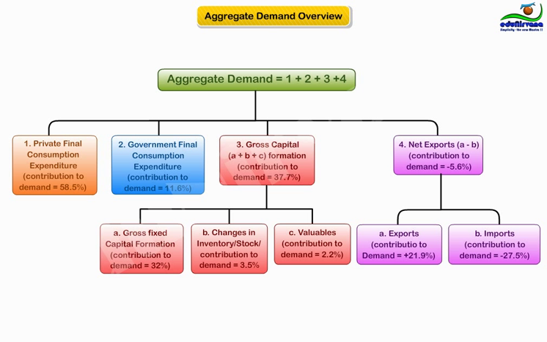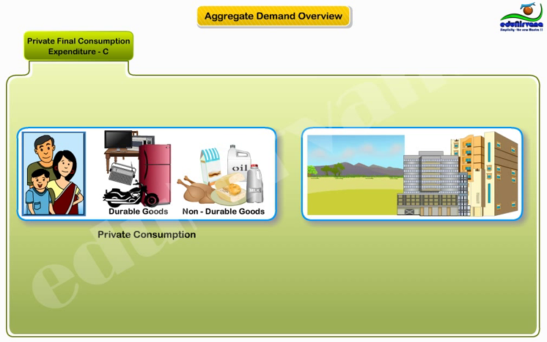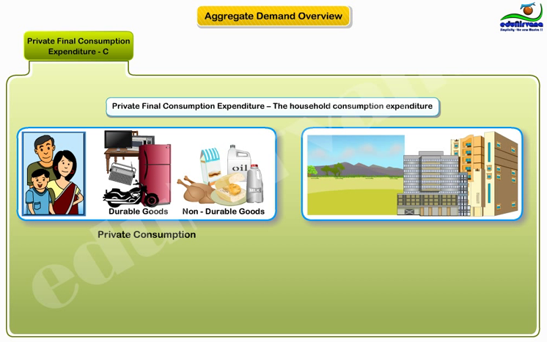Let's see each one by looking at the definition of them provided by National Account Statistics. Private final consumption expenditure. The household consumption expenditure, referred to as Private Final Consumption Expenditure (PFCE) in National Accounts Statistics, consists of expenditure by households, including non-profit institutions, on non-durable consumer goods and services, and all durable goods except land and buildings.